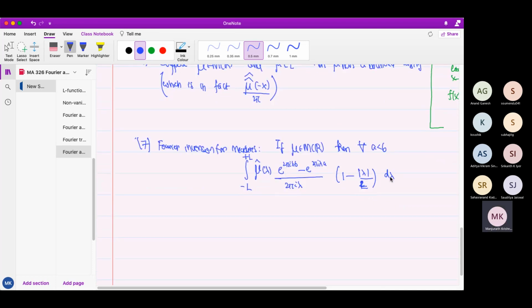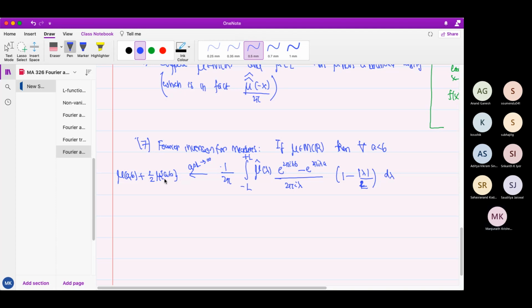Then we divide this whole thing by 2 pi. This converges, as L goes to infinity, to the measure of (a, b) plus half of the measure at the endpoints.